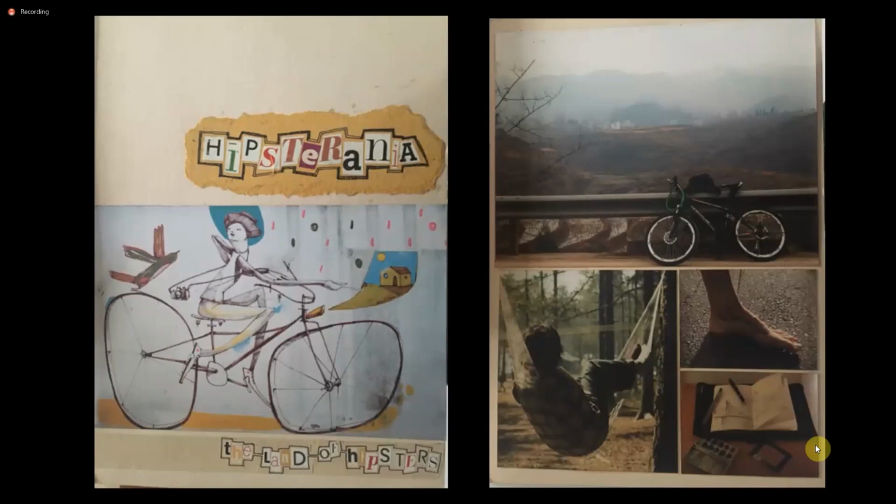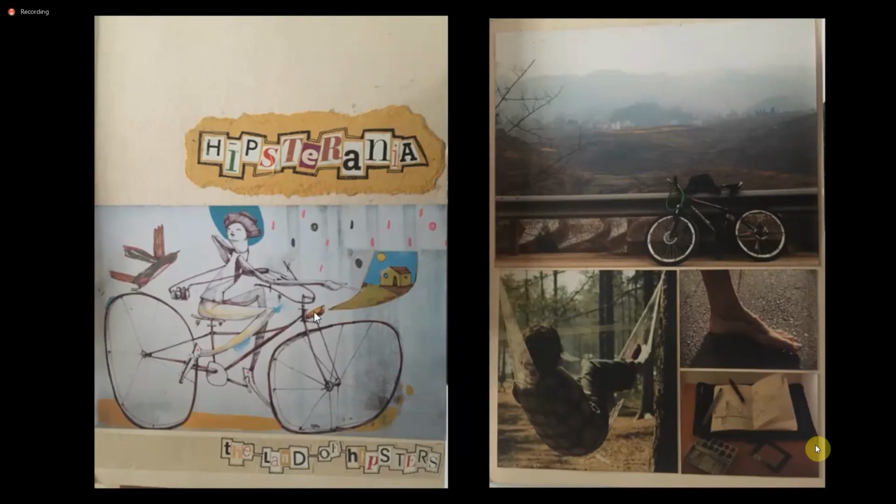Hippie, the modern hippie style, is called hipster. This is a fashion collection, a student level collection.